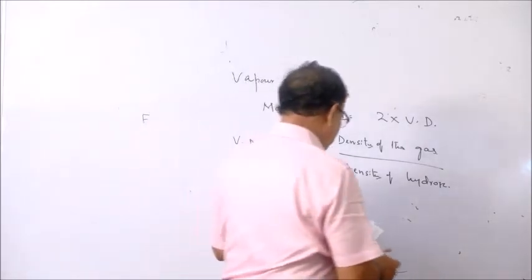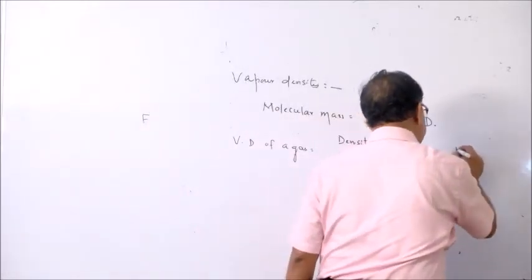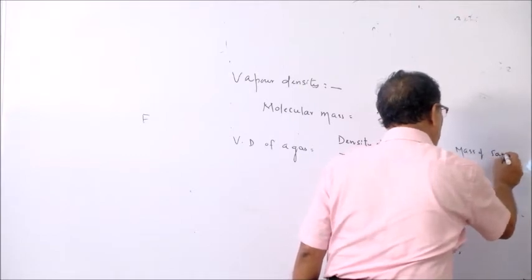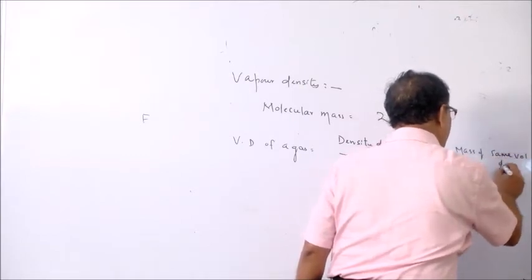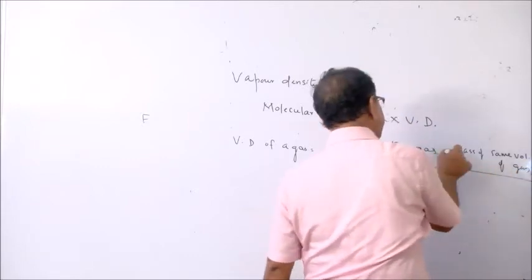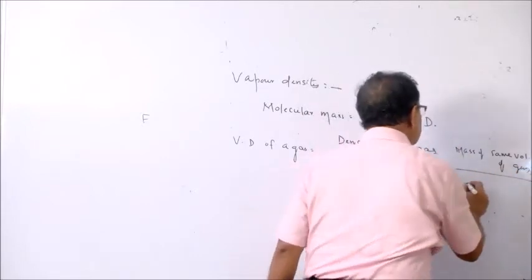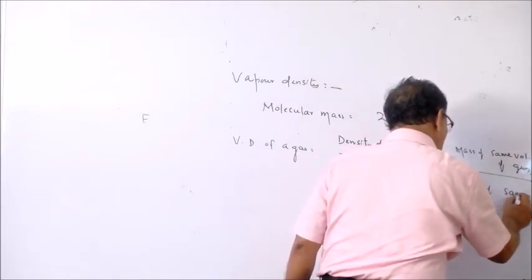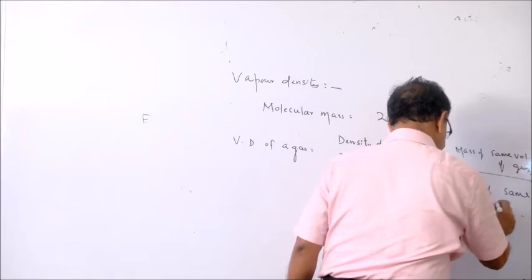That is equal to the mass of a given volume of gas divided by the mass of the same volume of hydrogen, because density is directly proportional to mass.